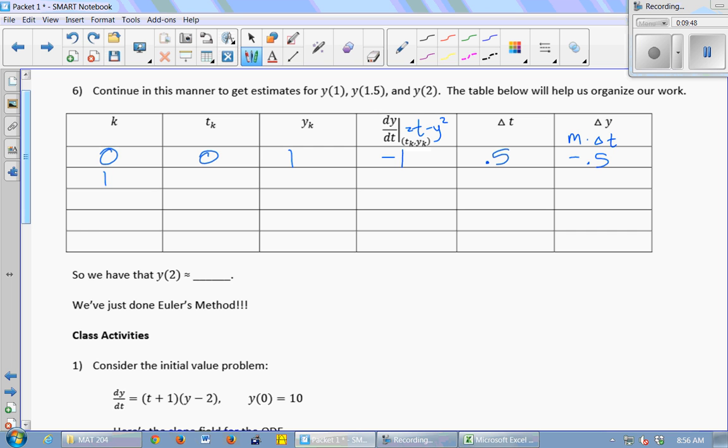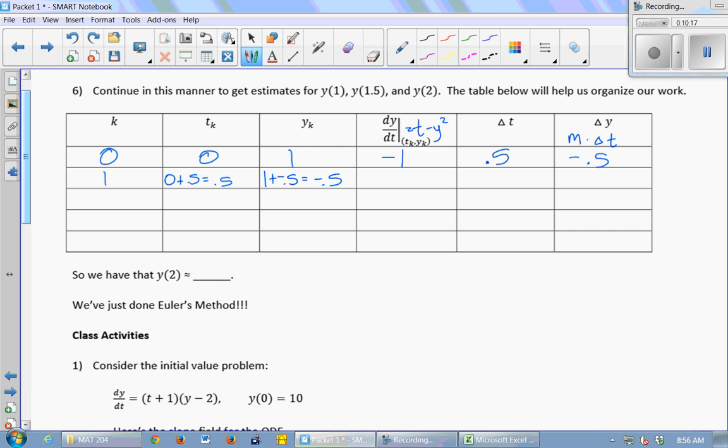So step 1, first calculation: my next t value is going to be my previous t value plus delta t. So that would be 0 plus 0.5, which is 0.5. My next y value is the old y value plus the delta y. 1 plus negative 0.5 is 0.5.